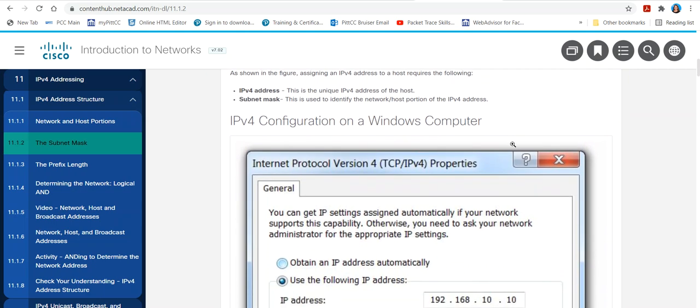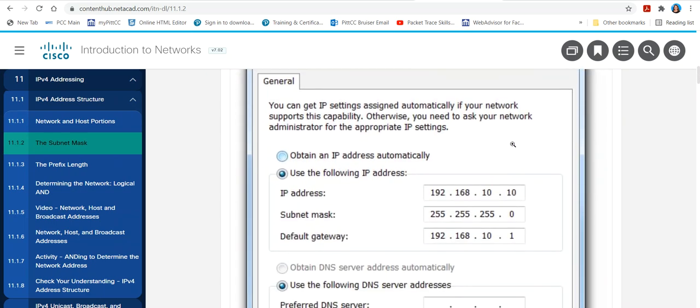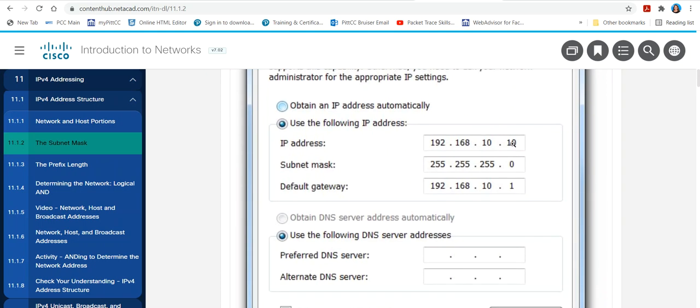Now, anytime you enter an IPv4 address, you enter a subnet mask. This is showing you the TCP/IP properties of a PC, and you see the IP address and the subnet mask. Anytime you enter an IP address, you'll need to enter the subnet mask, because the subnet mask tells the devices what part of the address is the network portion and what part is the host portion.